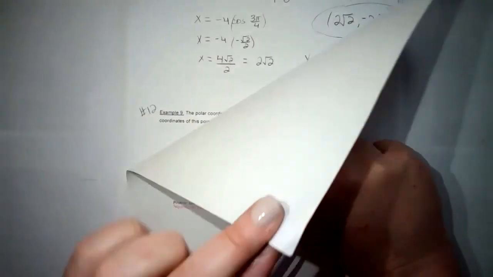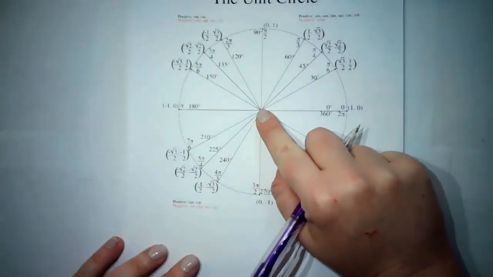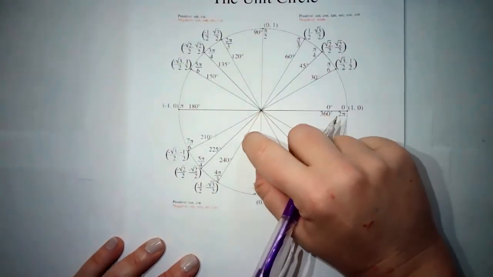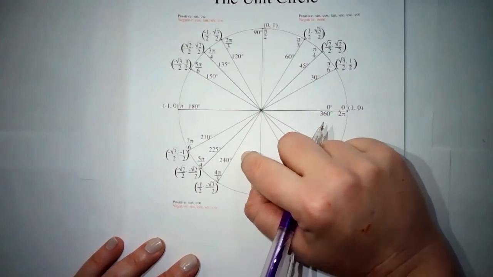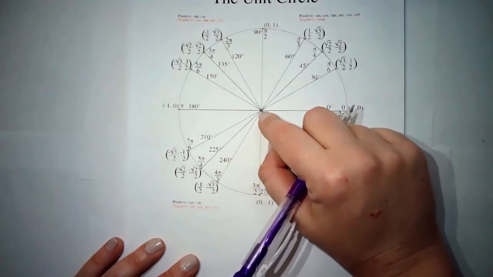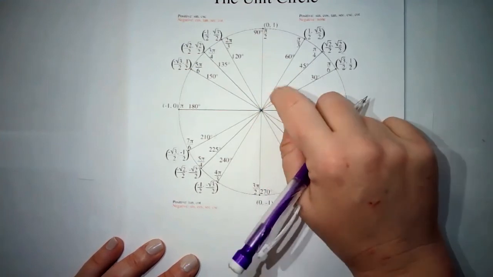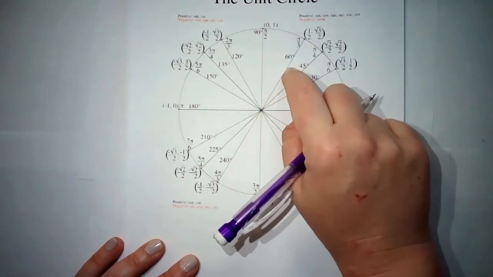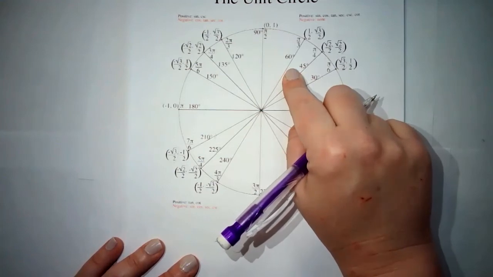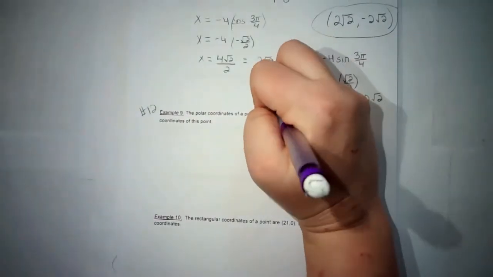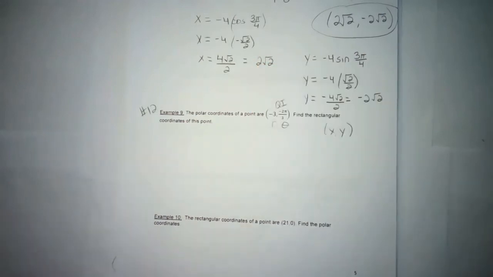Now I look at my r. My r is negative 3. I'm not going to hop forward 3 on here and stay in quadrant 3. Where am I going to hop? Backwards. And that's going to put me in quadrant 1. That's where I'm going to be. So I just need to make sure that's where I end up. That's my little checkpoint. That one's really tough with all those negatives in there.